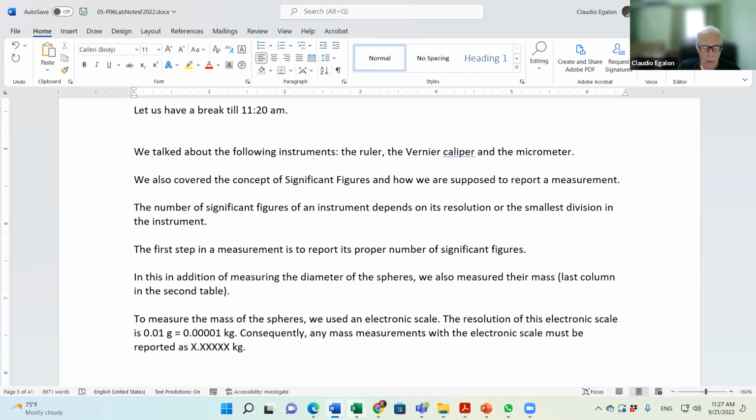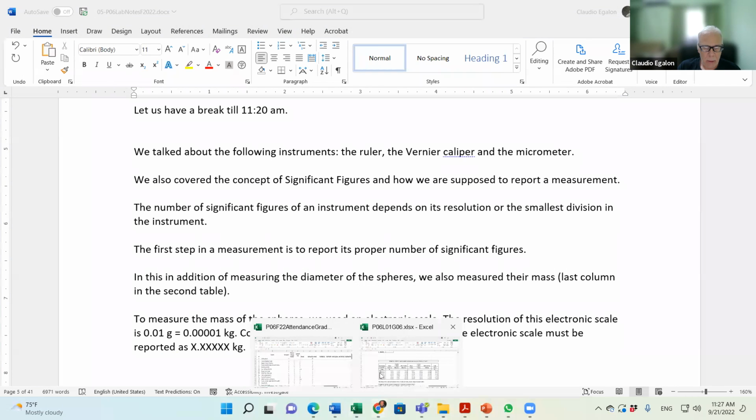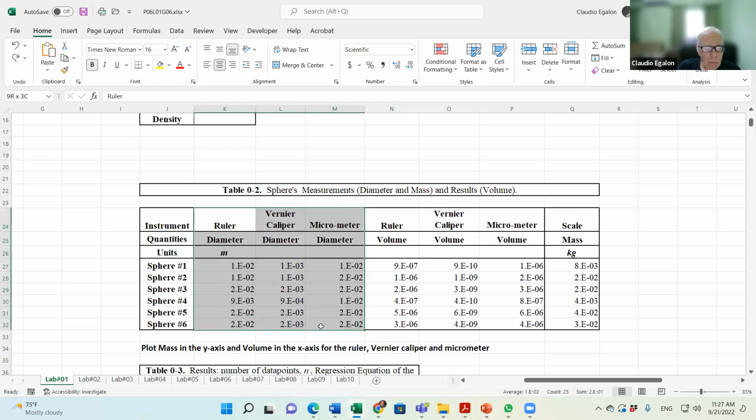So going back, we have measurements of diameter and measurements of mass. Since you are supposed to report the proper number of significant figures here, you're supposed to report all the way up to the 5th decimal place.